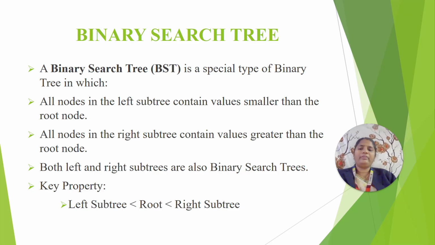All the nodes in the right subtree contain values greater than the root node. Both left and right subtrees are also considered binary search trees, so every insertion of a child node should follow the same process. So the tree property is that the left subtree should be less than the root node and the right subtree should be greater than the root node. This is the basics of the binary search tree.